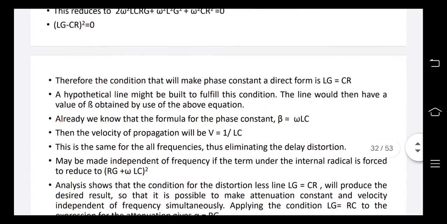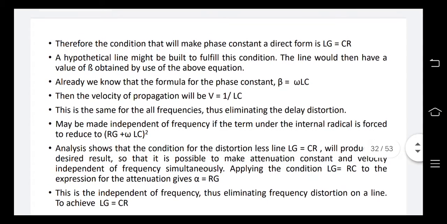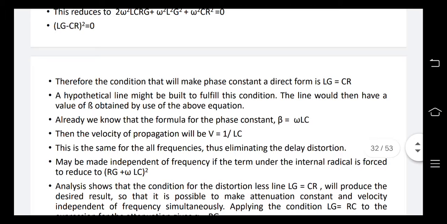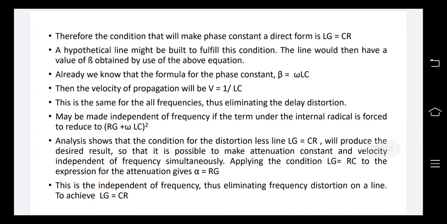Therefore, the condition that makes the phase constant a direct function of frequency is LG equals CR. A hypothetical line might be built to fulfill this condition. The line would then have a value of beta obtained by the use of the above equation.